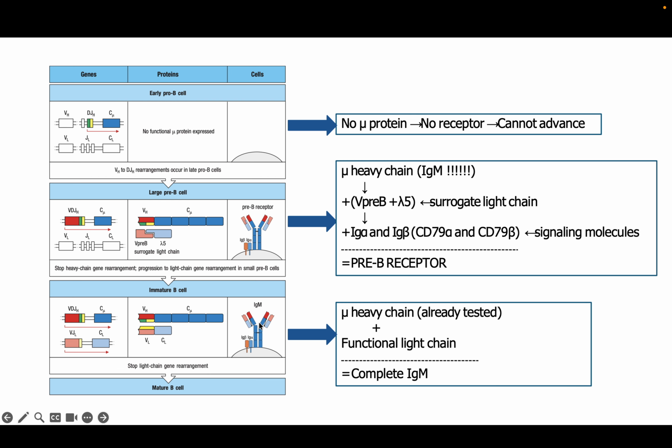The IgM antibody also does not have signaling capacity. It has to be associated with CD79 alpha and beta, because once the IgM binds, it signals these guys to start a signaling cascade in the B cell. So once you have the IgM, this is an immature B cell and it's finally able to leave. So it leaves to become a mature B cell.